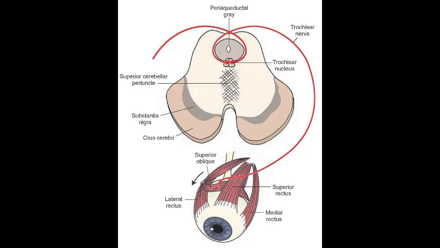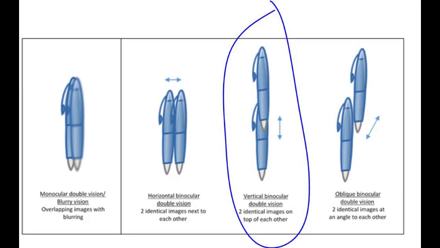So, like we said before, it innervates the superior oblique muscle, and its main function is to cause depression and intorsion of the eye, especially in an adducted position. Patients who have issues with their trochlear nerve, that's trochlear nerve palsy, may present with vertical diplopia.